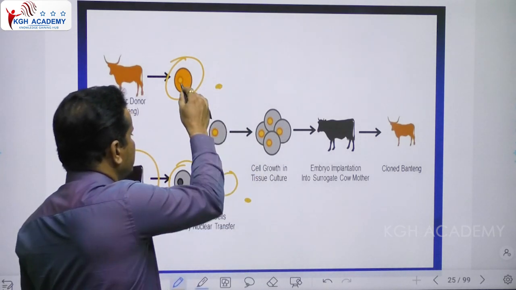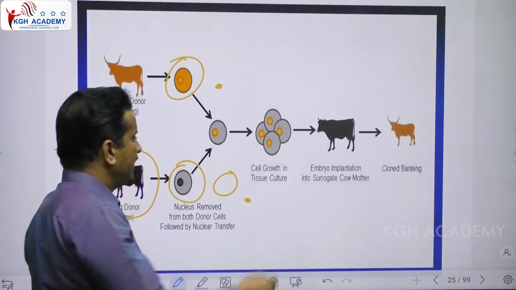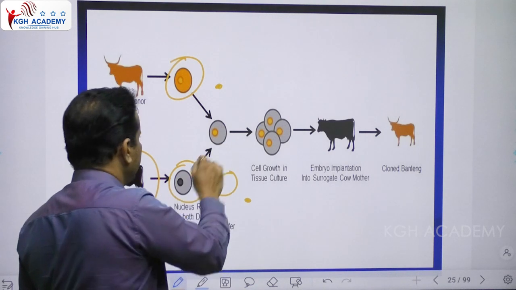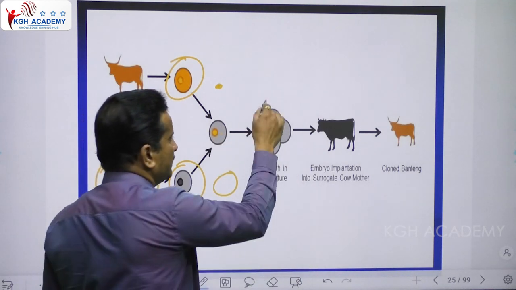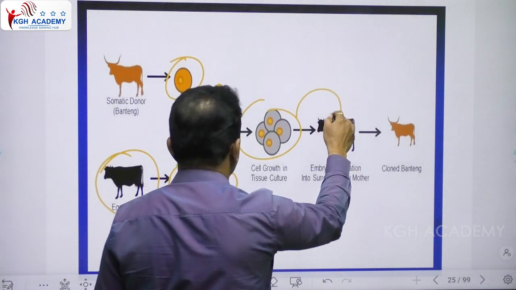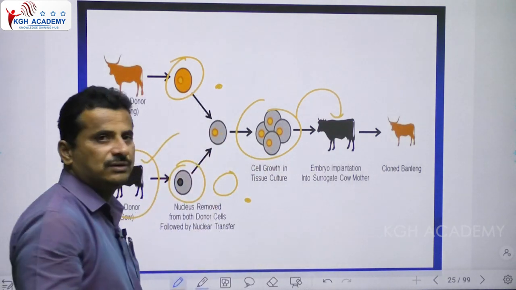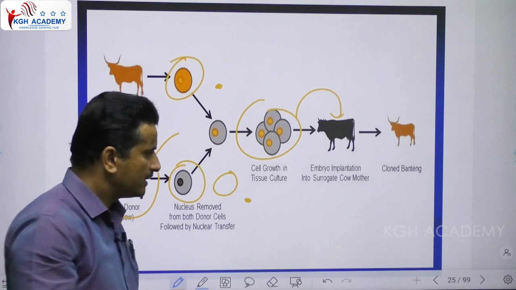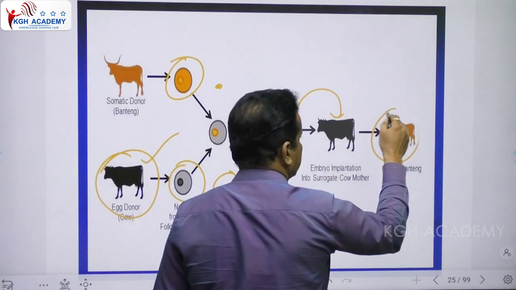This is very clear: this is a yellow color, this is a black color. They transferred this nucleus into the egg, and the cells multiplied and were next introduced into the same egg donor, the surrogate animal. The produced one looks like this.